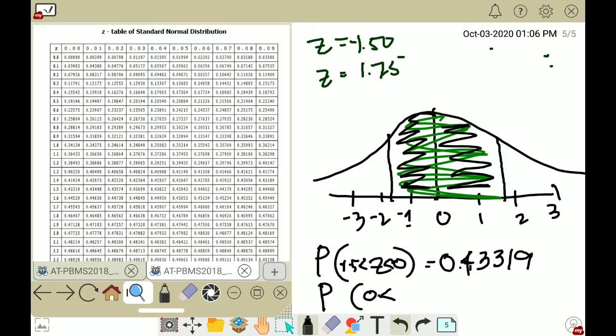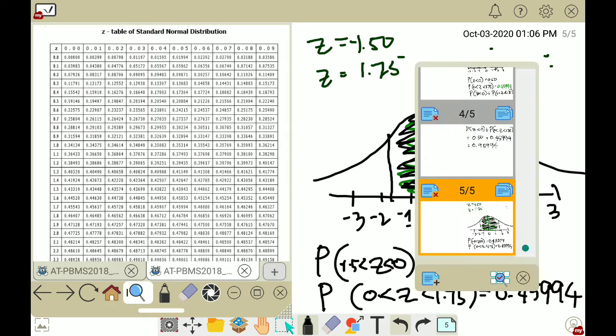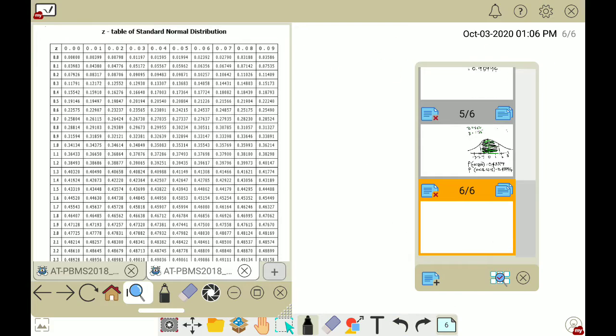And between 0 and 1.75, that is 0.45994. Okay, so in that case, as you can see, since they combine together, what we're going to do is simply add.